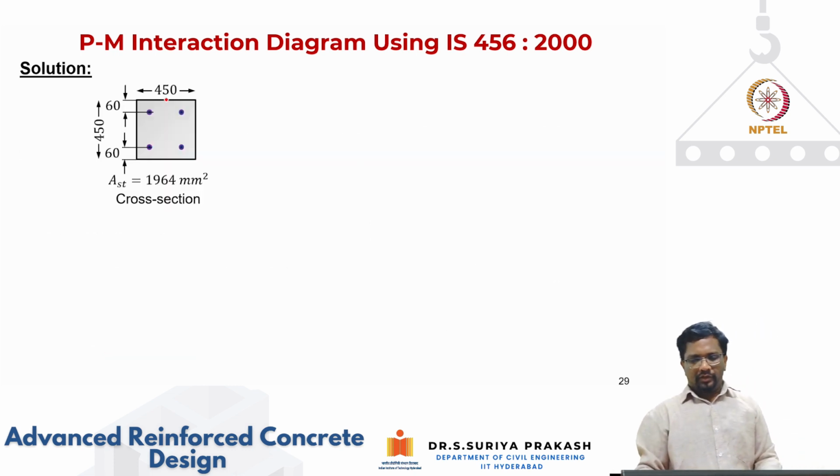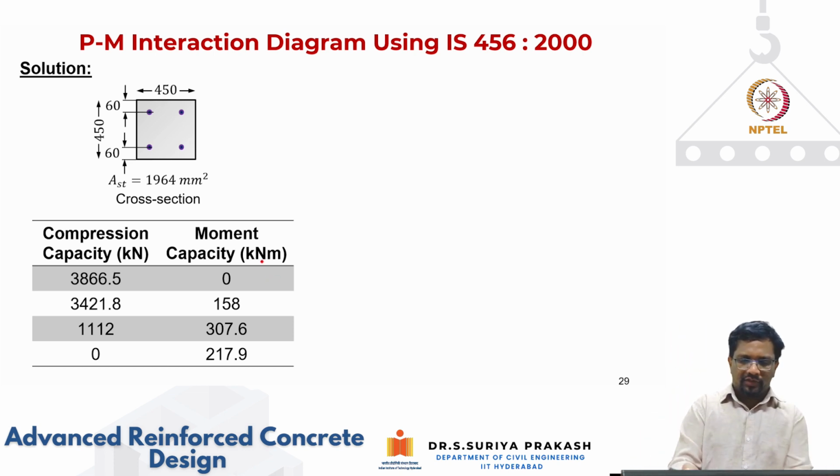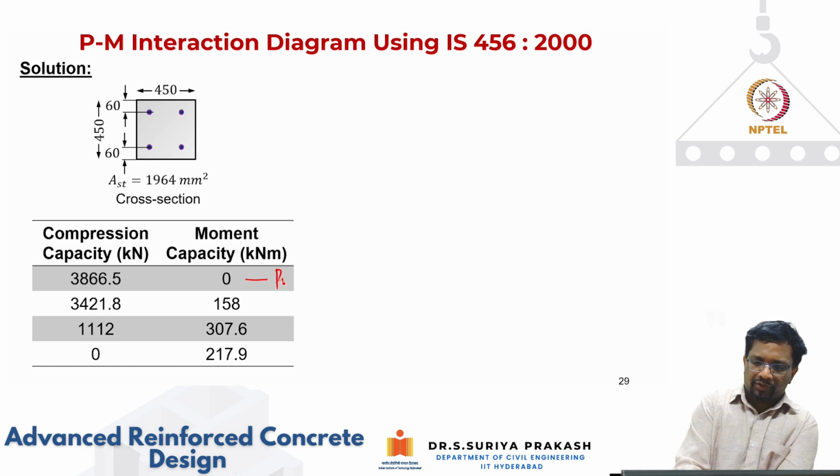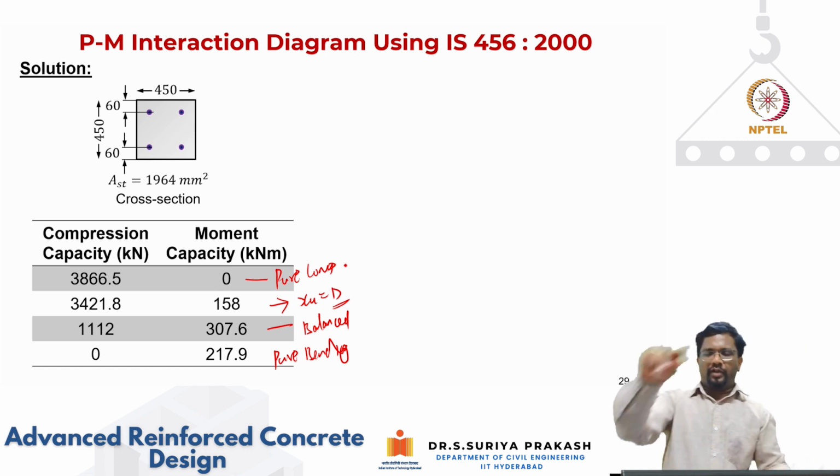Like that, we got all the points. This is your pure compression. This is your pure bending. This is your balanced condition. This is when xu is equal to d. So I got only 4 points.